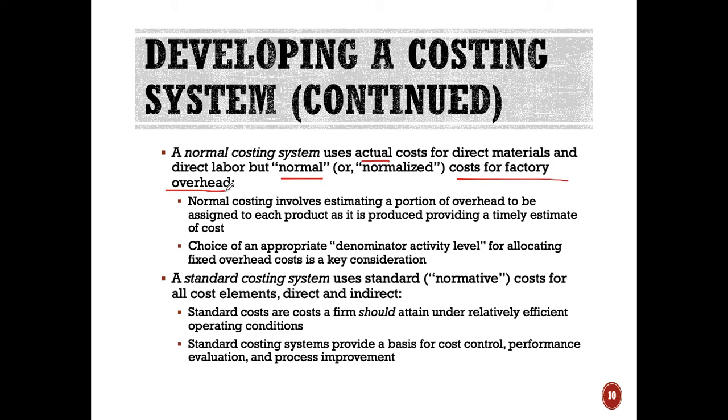Normal costing involves estimating a proportion of overhead to be assigned to each product as it is produced, providing a timely estimate of cost. Choice of an appropriate denominator activity level for allocating fixed overhead costs is a key consideration.